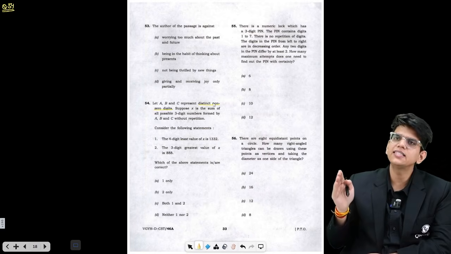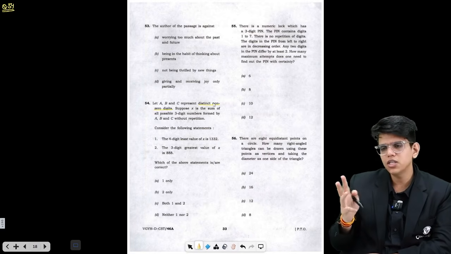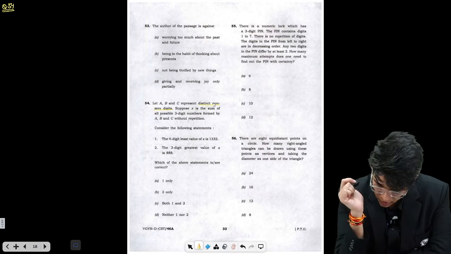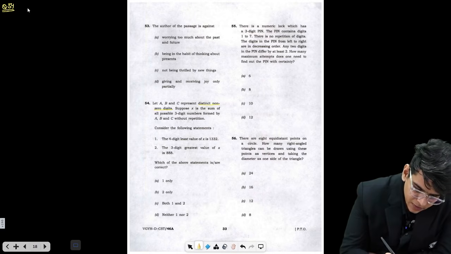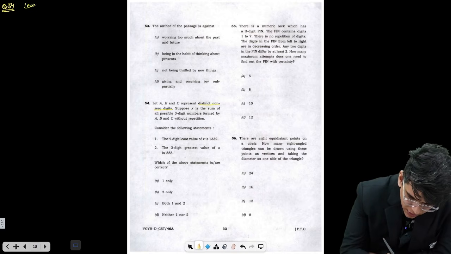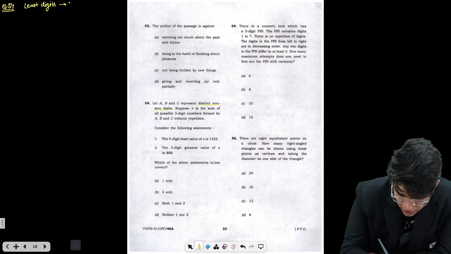x is the sum of all the possible numbers from those 3 digits. Okay, consider the following statements. The 4 digit least value of x. Least digits will give you the least sum. Least digits are 1, 2, 3.